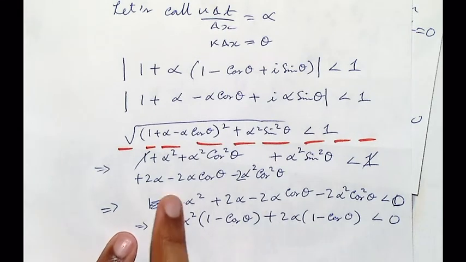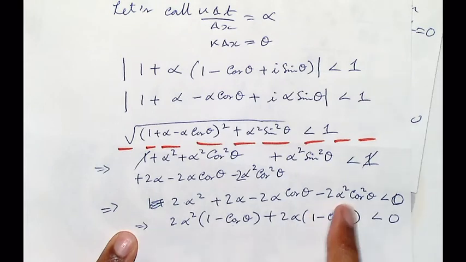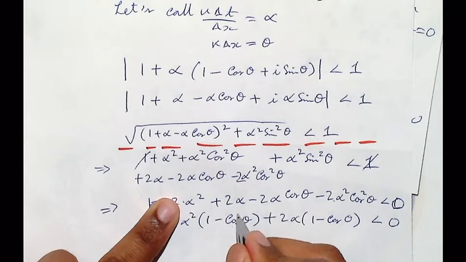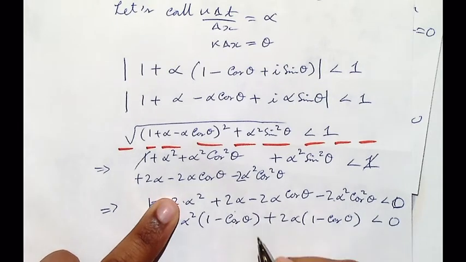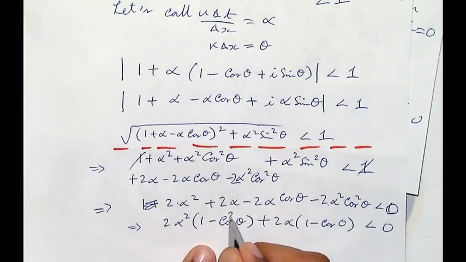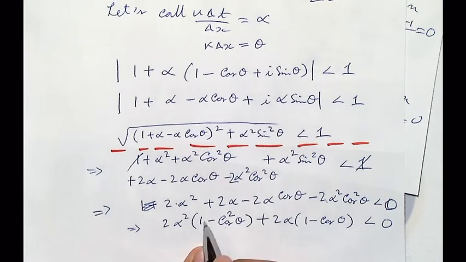Squared is 1, so this goes here, this goes here. Okay, I'm going to get ahead of myself again and say I have done something wrong. Yeah, cosine is squared, this is what you're saying, right? So this comes here, this goes here, and this goes here.